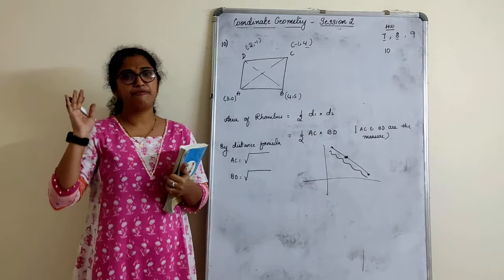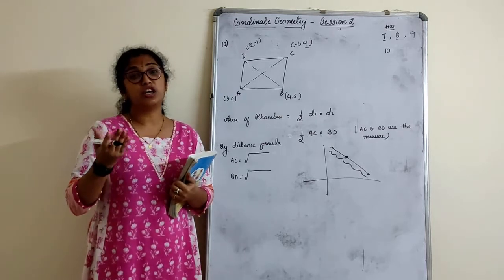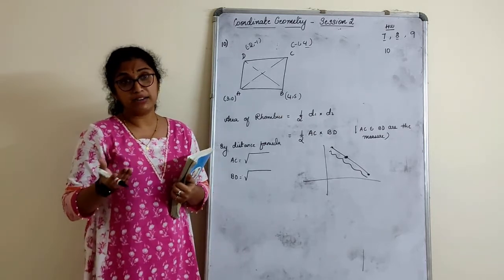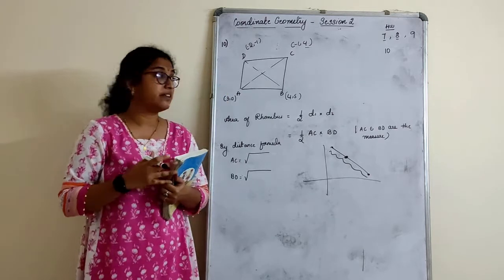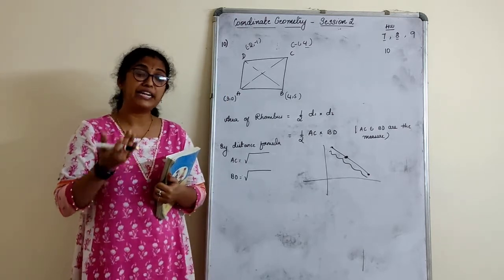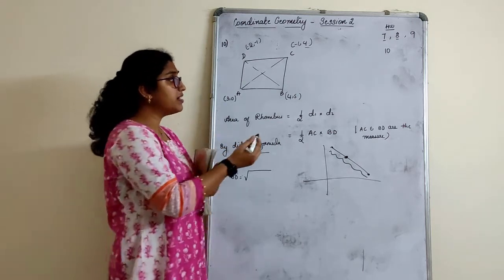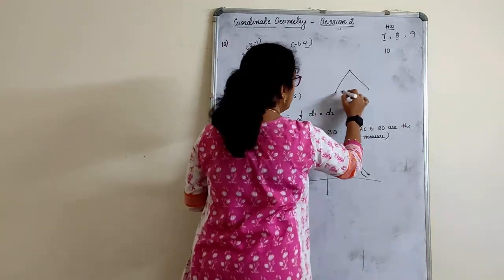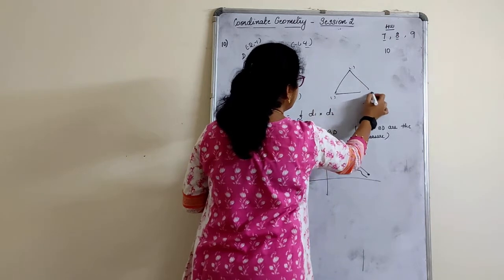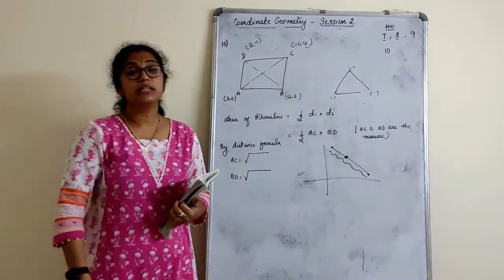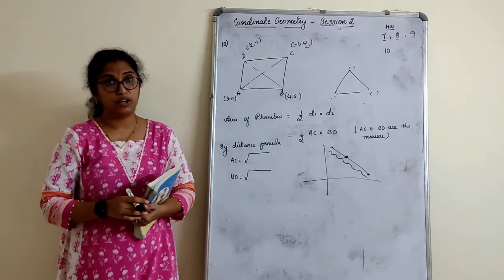That is simple half base into height. But if it is a scalene triangle when sides are given, how did you find? In 9th standard you learned that by Heron's formula. Now here, using coordinates we find the area of a triangle.